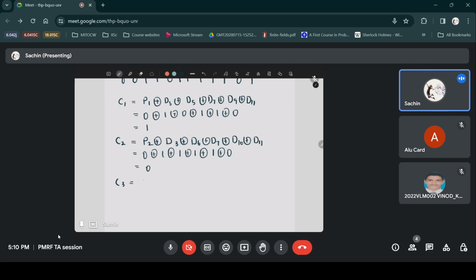C3 is similarly P3 XOR the same bits you used to generate P3. Oh, there's no P3, there's a C4 and a P4 because the index for the check and parity bits are powers of 2. So that's P4. To generate P4 you had used D5 XOR D6 XOR D7 XOR D12.